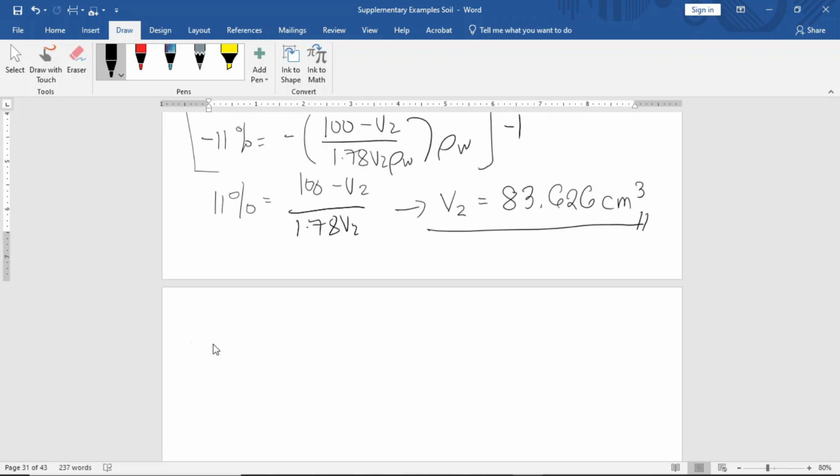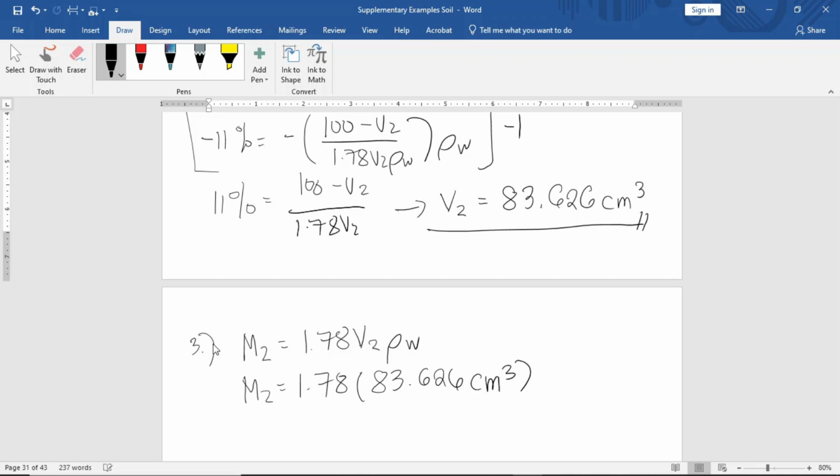So, M2 is equal to 1.78 times V sub 2 or V2 times the unit weight of water. So, M2 natin is 1.78 times V2. Ito yun, nina-compute natin. 83.626 cubic centimeter times ang unit weight ng water in terms of gram per cc is 1.